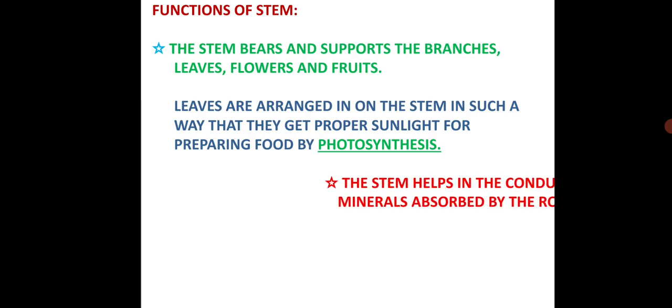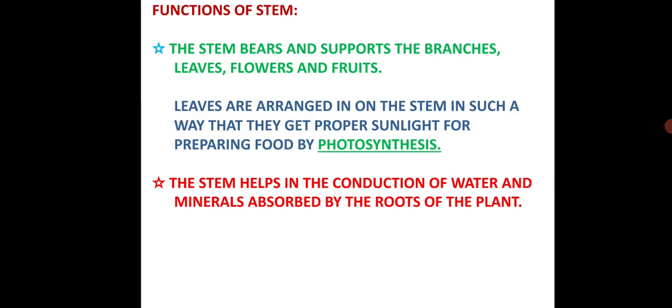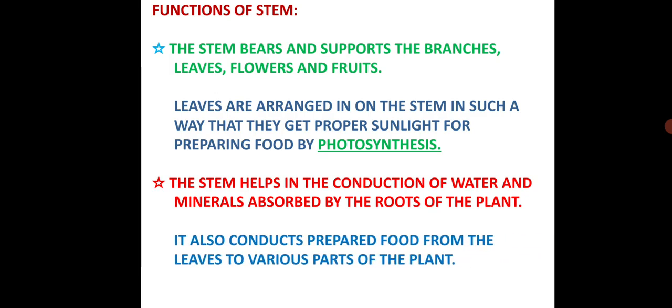The stem helps in the conduction of water and minerals absorbed by the roots of the plant. It also conducts prepared food from the leaves to various parts of the plant, such as roots, stem, and fruits.